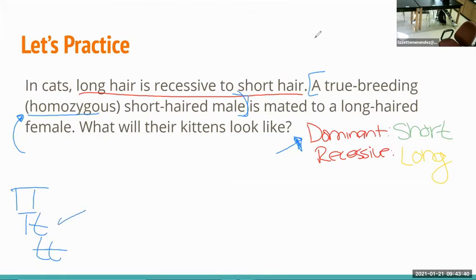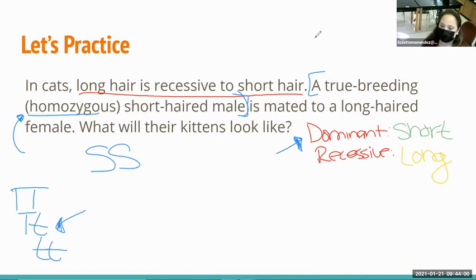These are examples of genotypes, and we can use any letter. T was my go-to, I guess. Of those genotypes, what is a homozygous short hair going to look like? You can use any letter, so we'll use S's.